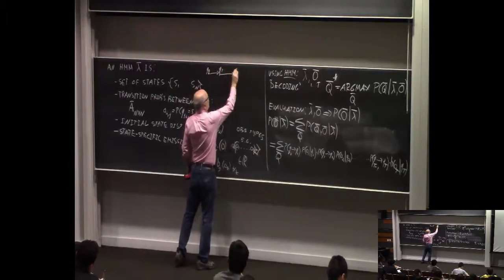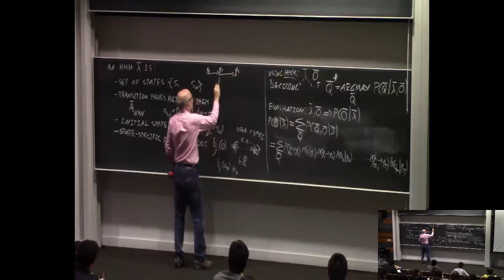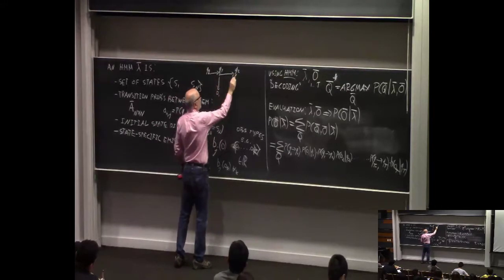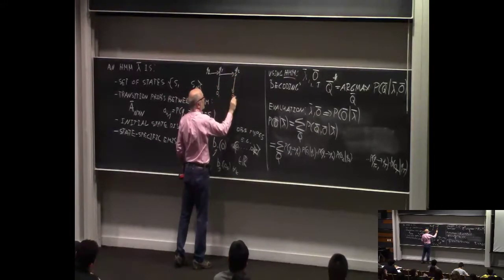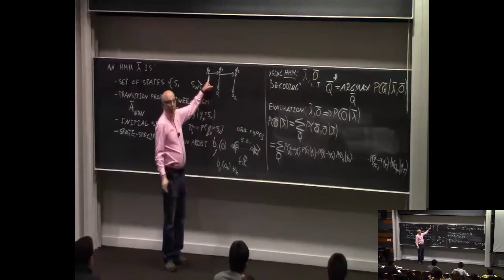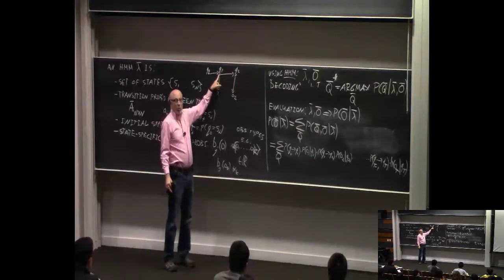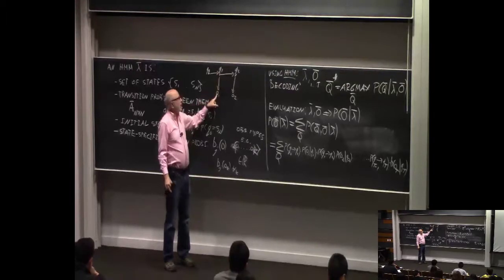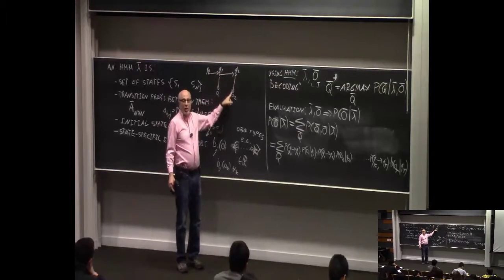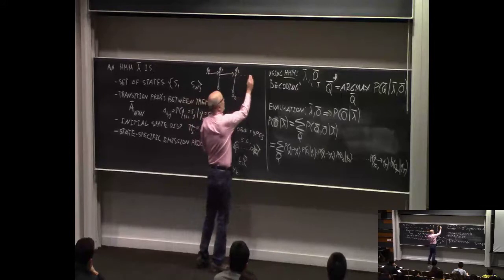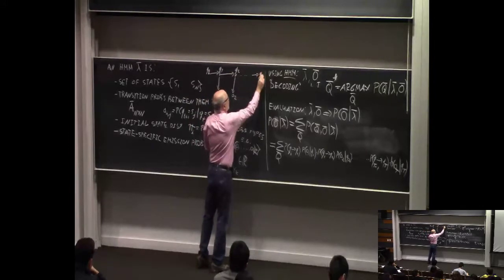Here's Q2. Here's O1. Here's O2. I start from here. I incur the cost, the probability of transitioning to here and emitting this, then transitioning to here and emitting this. Keep going all the way to QT and emitting OT.